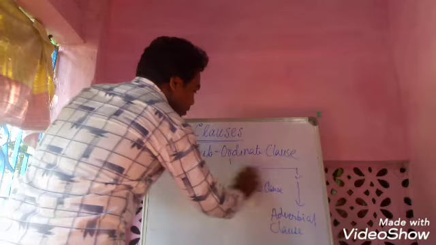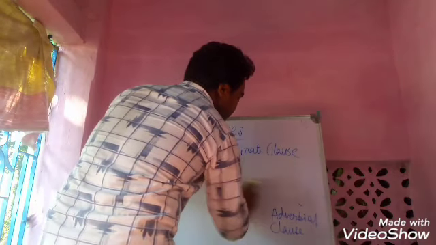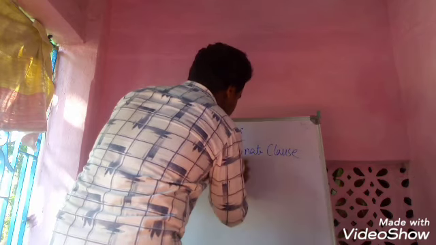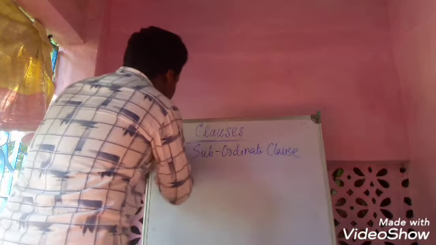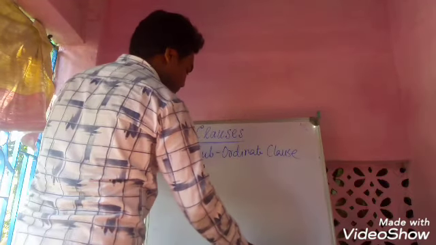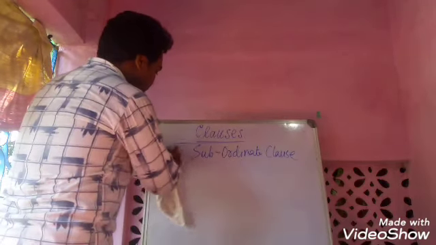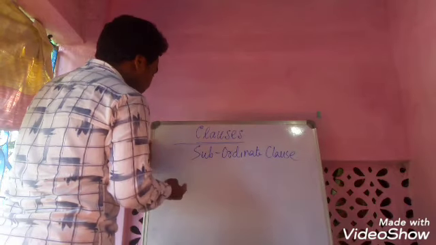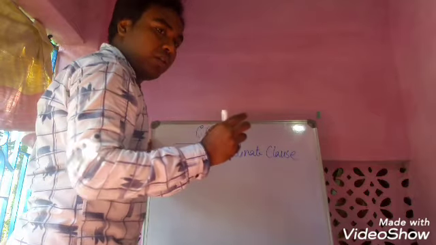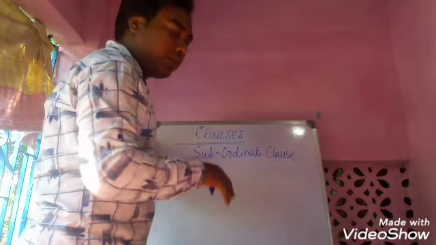Okay, now I'll give you some more examples and how to join them. Now I would like to give you joining with clauses. I'm doing 2 examples, and I'll give you homework which you will do.